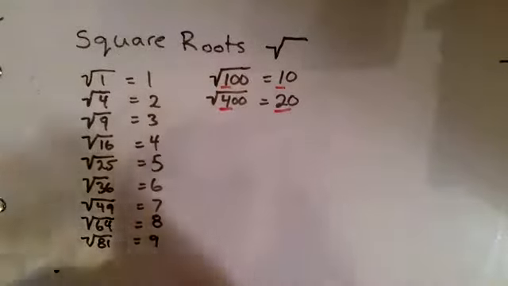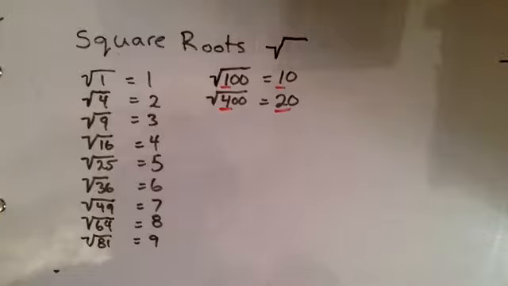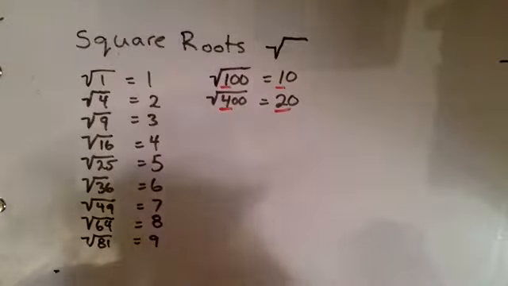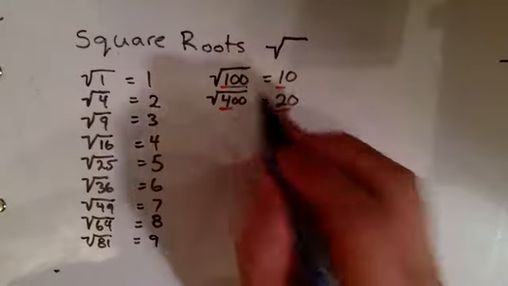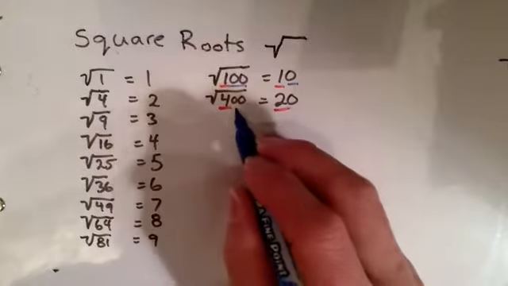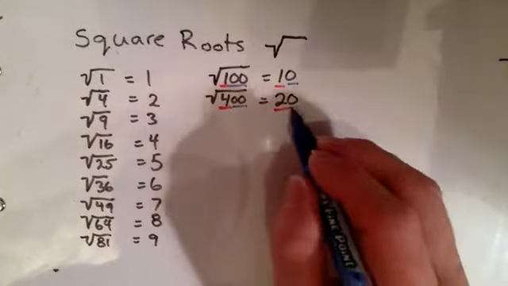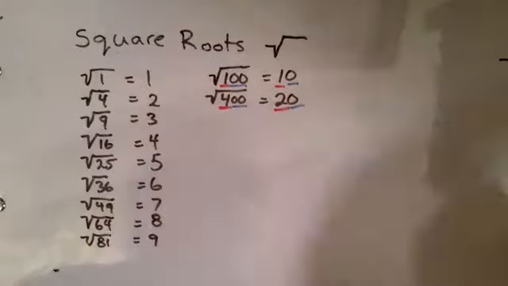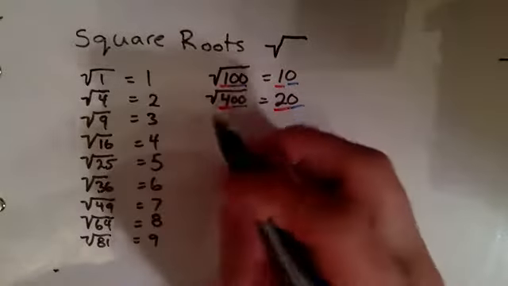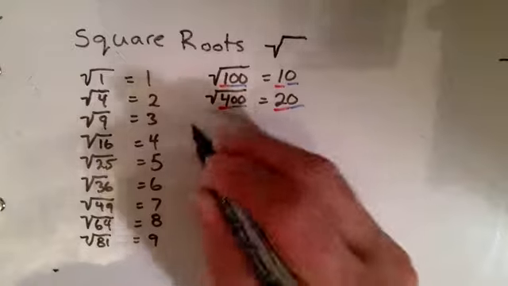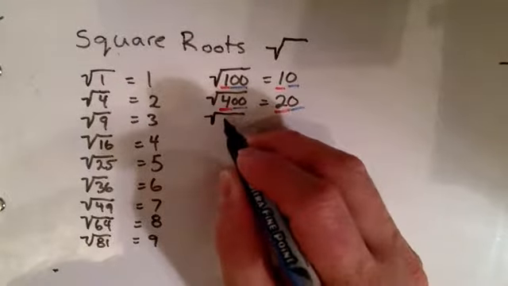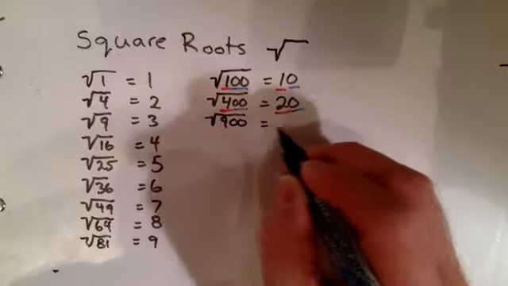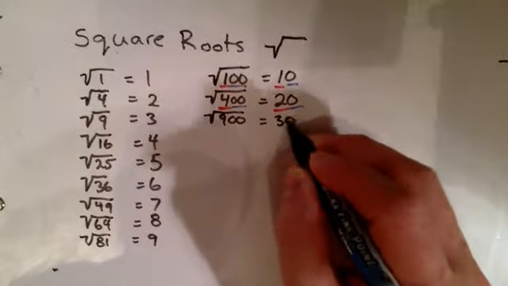What changes is that whenever you're finding the root of something, if it has 2 zeros on the end, that just drops down to 1 zero. 400 drops down to 20. So you can continue to make the exact same pattern here. So the square root of 900 is going to be 30.